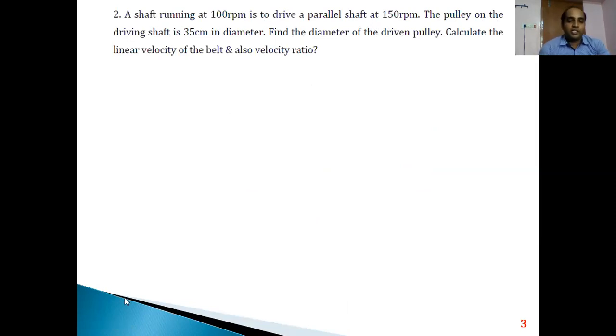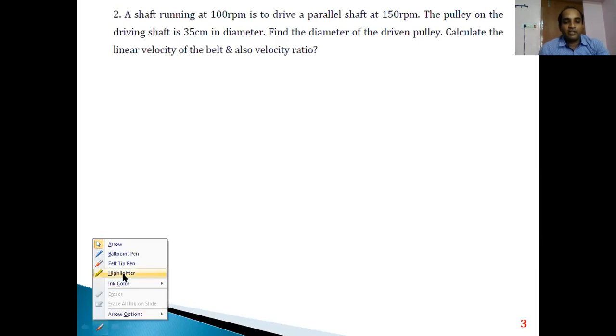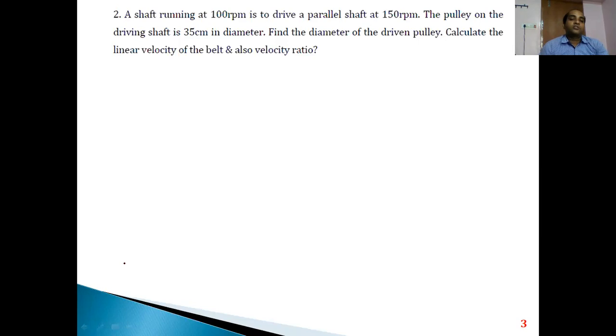So here also the conditions are given with respect to the driver and the driven conditions. But first we need to identify which is the driver and which is the driven case. If you read the question carefully, there is one shaft which runs at 100 rpm. When this is running at 100 rpm, it is driving another parallel shaft at 150 rpm.